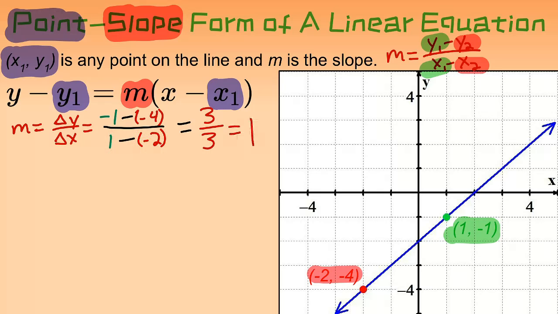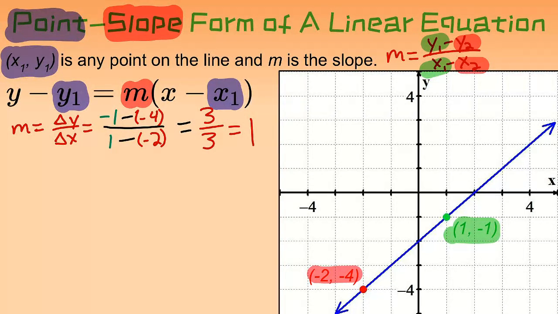And so our slope is 1. We can actually see that right here, to the right 1, up 1. Our slope must be 1. But I wanted to go through this process just to remind you. So the y here and the x here, those are our variables, and when we're writing the equation, they just stay as variables.